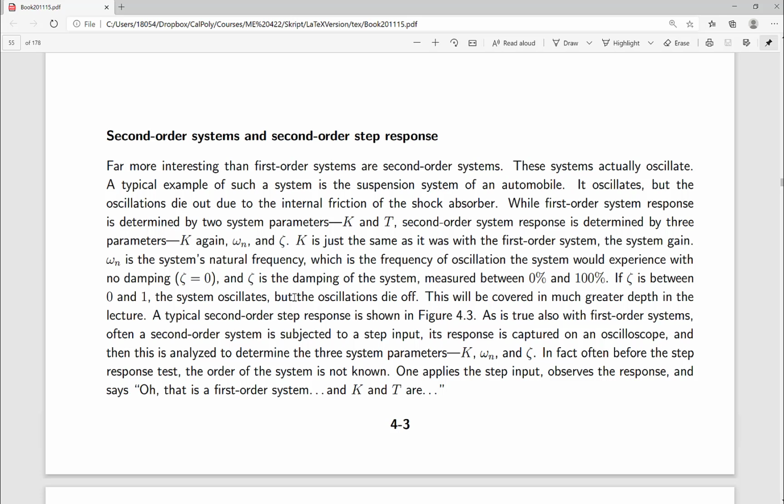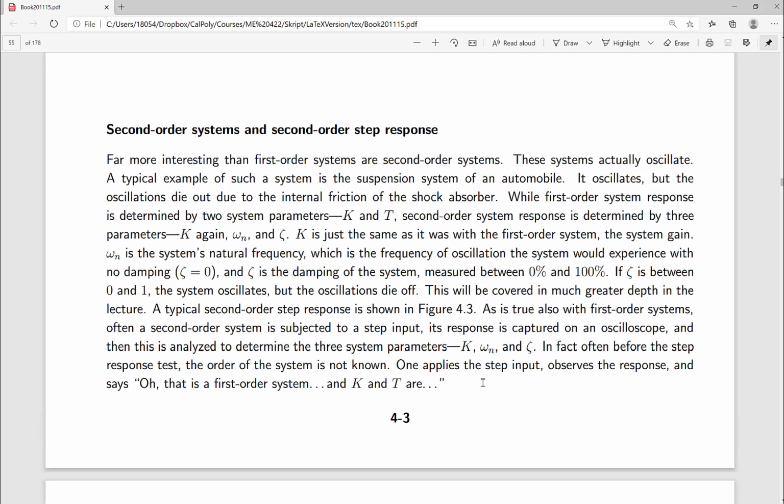Now, oscillation is something that a second order system can do that a first order system cannot do. Anyway, we'll cover all of this as we get further along. The important point here is that a first order system has two performance parameters that define it, K and T. A second order system has three performance parameters that define it, K, omega n, and zeta.